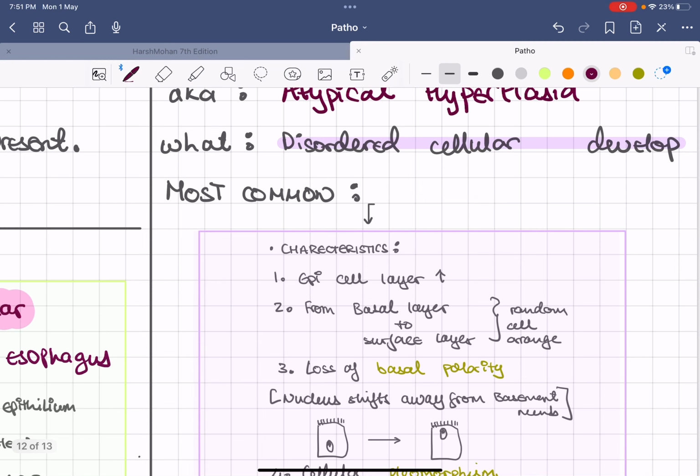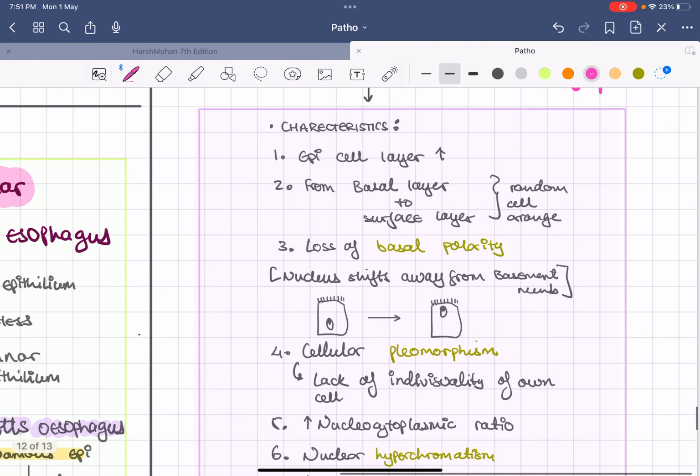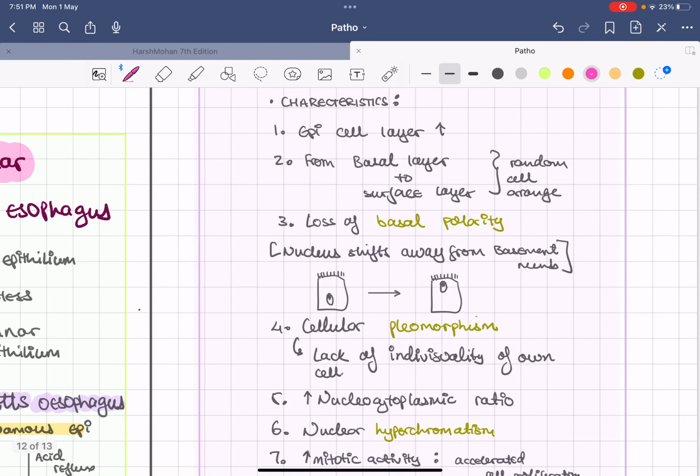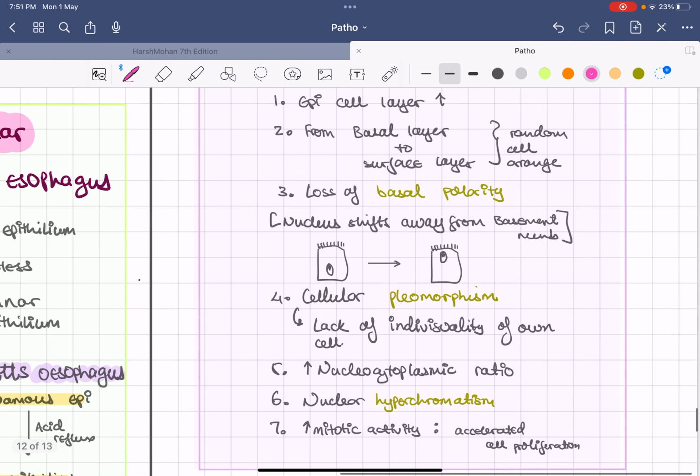The most common type of dysplasia is epithelial dysplasia, and it has its own characteristics. The basic characteristics are also given in the textbook that I have written down here. But the most important ones, I feel, are basal polarity.